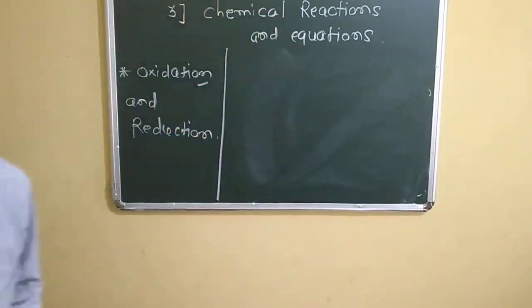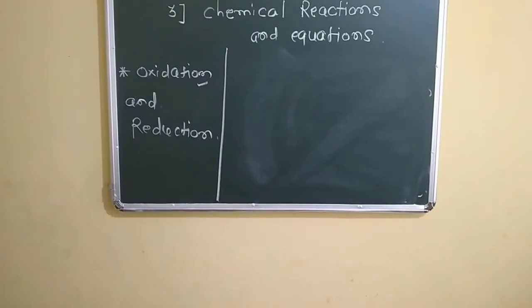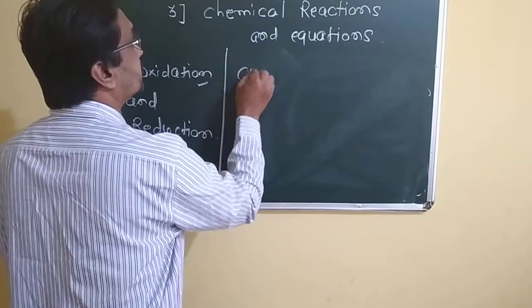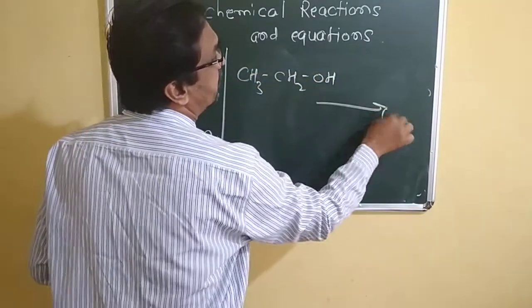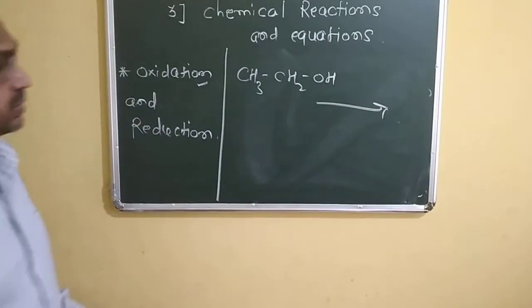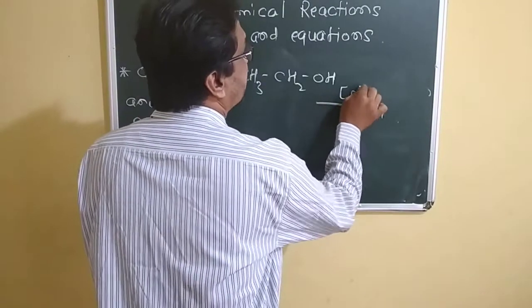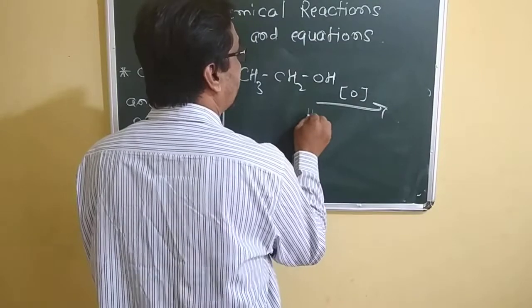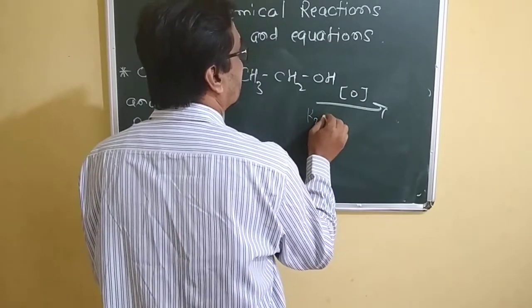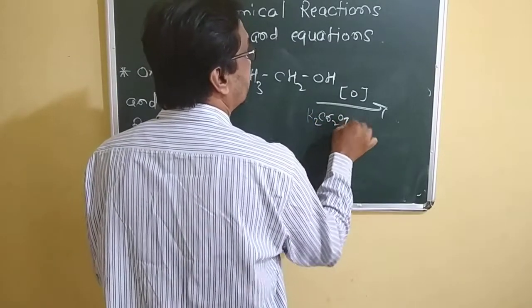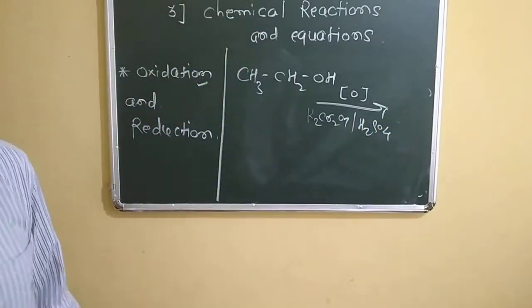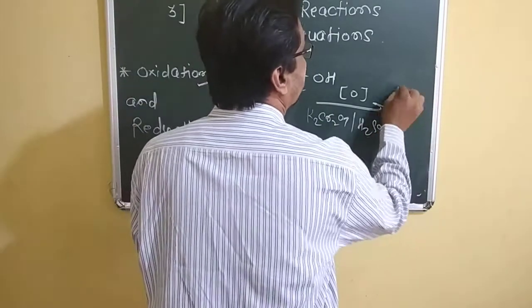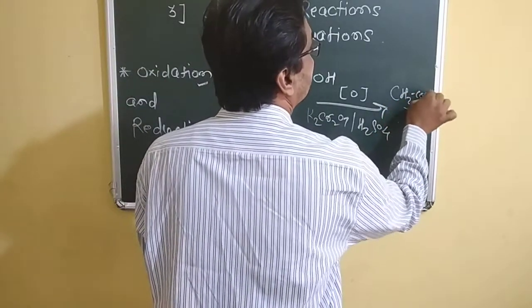Ethyl alcohol, CH3CH2OH, oxidizes in the presence of K2Cr2O7 and H2SO4. It gives acetic acid, CH3COOH.